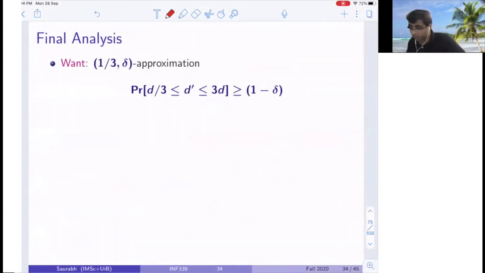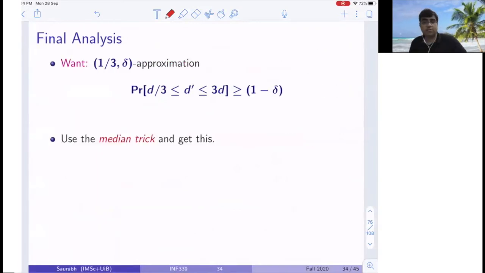Now, suppose we wanted the probability that d prime is within this range to be at least 1 minus delta. Well, use the median trick again, right? If you want to boost the success probability, all you need to do is run your independent estimator several times, find the answers, and give the median.